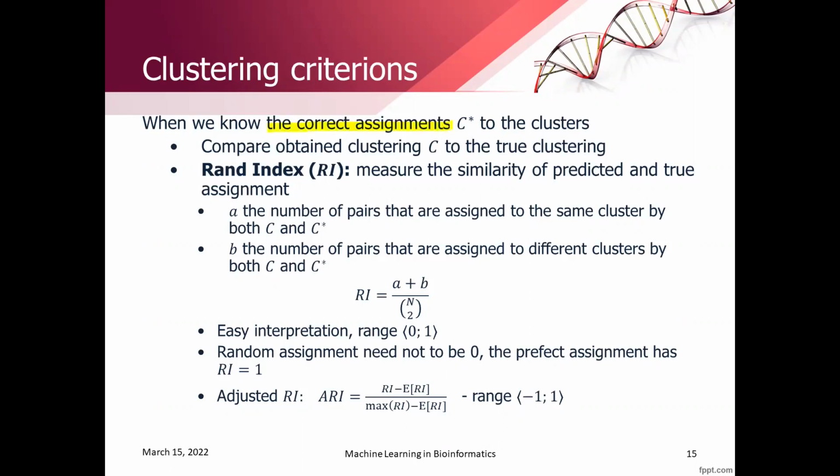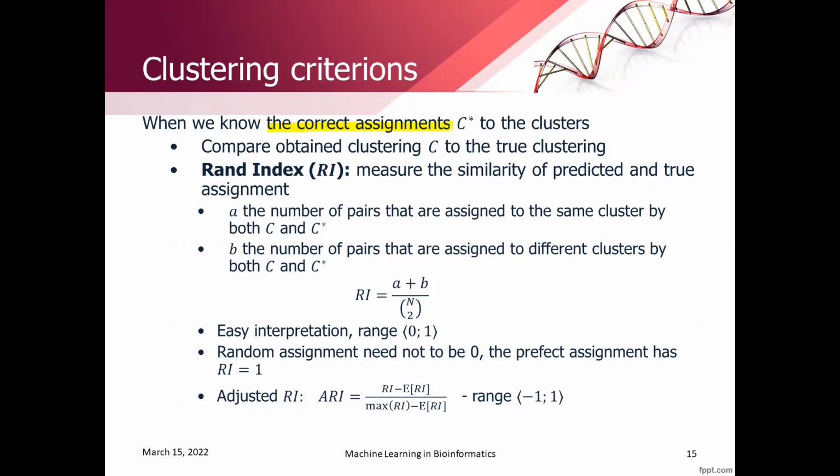So if we know the correct clustering, and we produce a clustering by some clustering method, we can compare them. And if they return the same clustering as the true clustering, then the criterion should say, okay, this is the best clustering you could obtain.